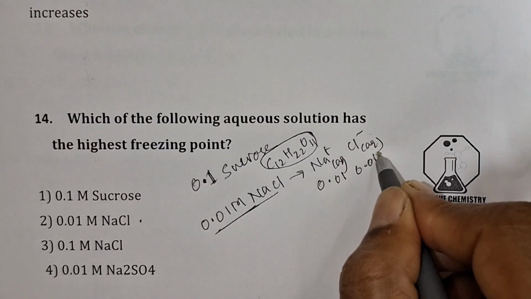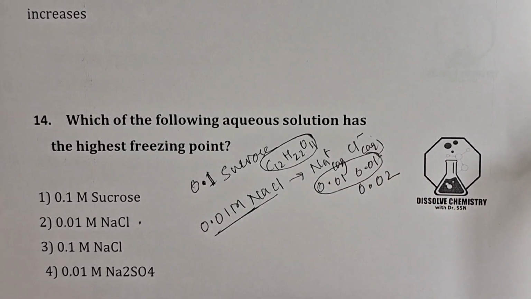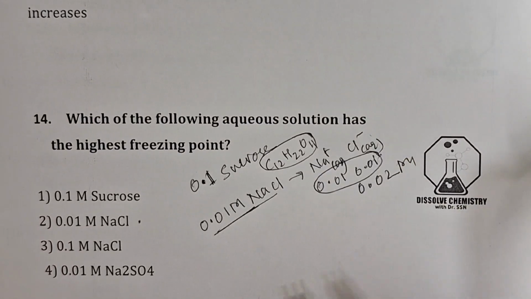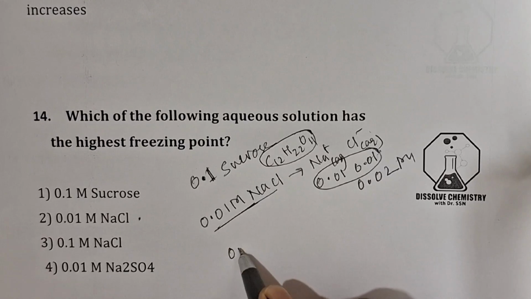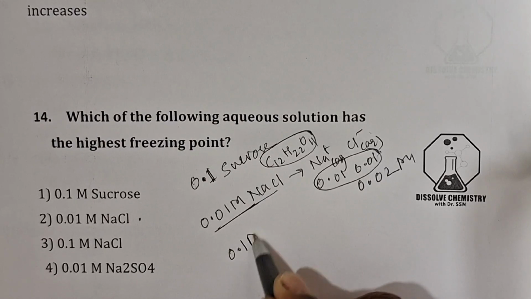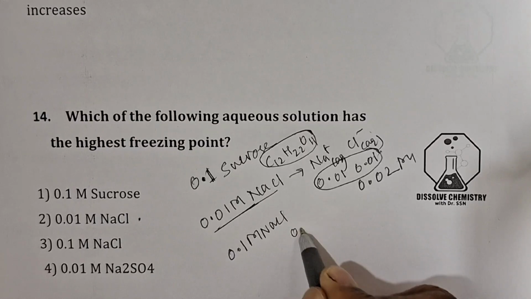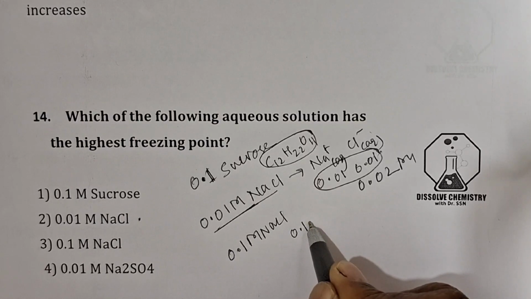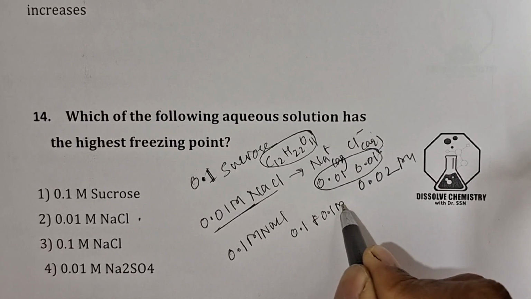So the overall number of entities will turn out to be 0.02 moles. You should remember this. Then the third option, 0.1 molar NaCl, means it is going to give 0.1 mole of Na plus and 0.1 mole of Cl minus.